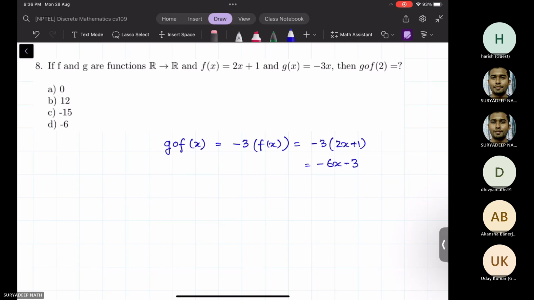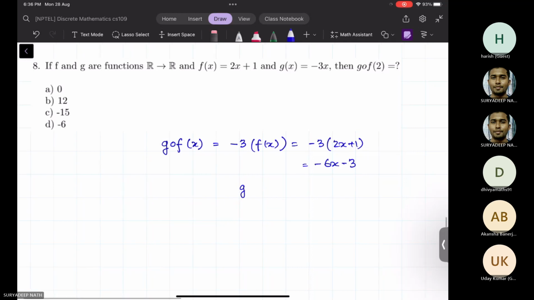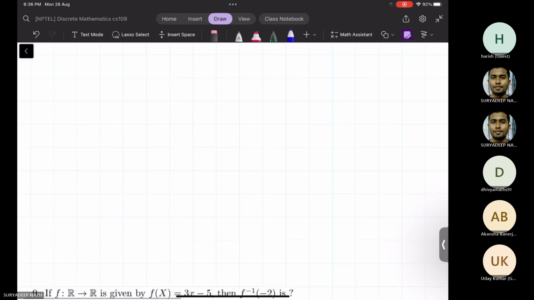So we just plug in 2. That is minus 6 into 2 minus 3, which gives us minus 15. So option C, minus 15, is the right answer. It is a pretty straightforward question. I hope you don't have any doubt in this question. We can move on to the next question.